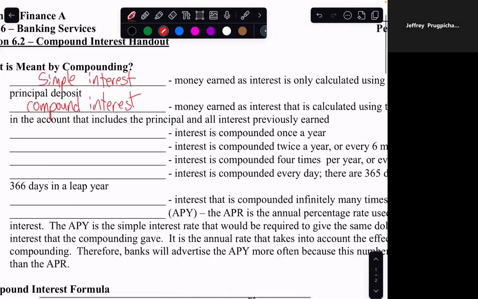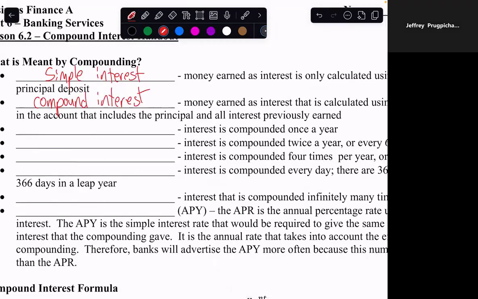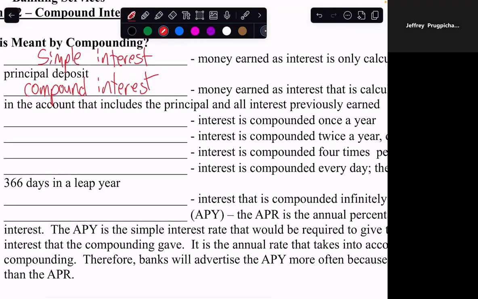Okay, so the frequency of compounding, meaning how many times per year, there's different phrases we want to know. When interest is compounded once per year, we call that annual compounding. The word annual, like an annual event, is something like New Year's, something that happens once per year.